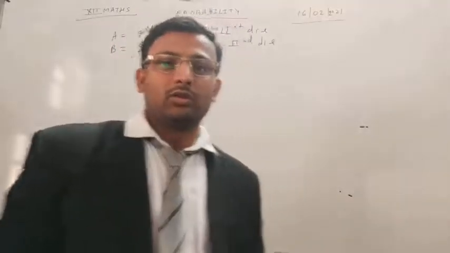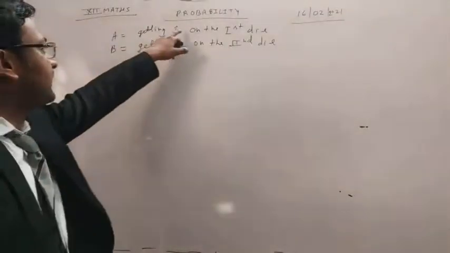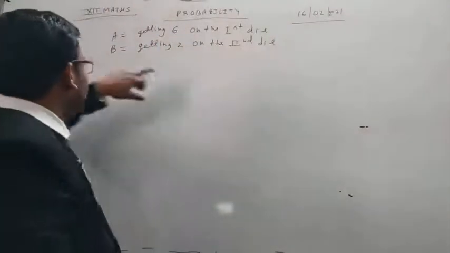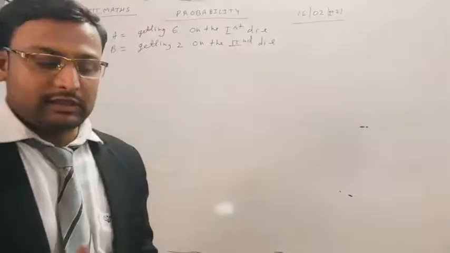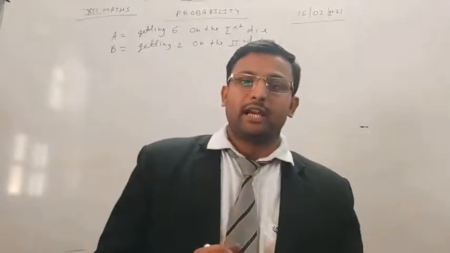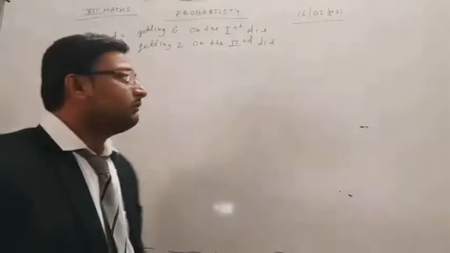So two dice are thrown together, event A is getting 6 on the first die and event B is getting 2 on the second die. Then the question asks whether A and B are independent or not. Okay students, so we will check it.